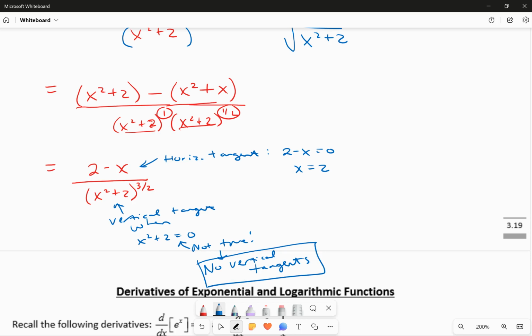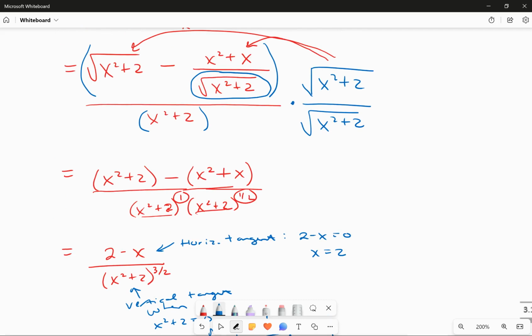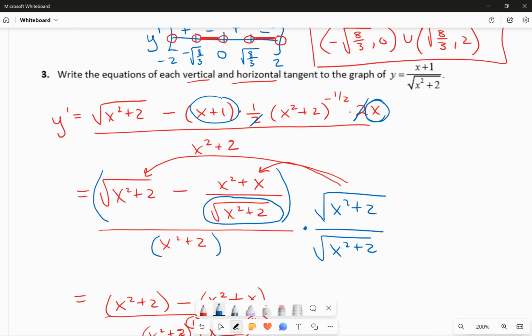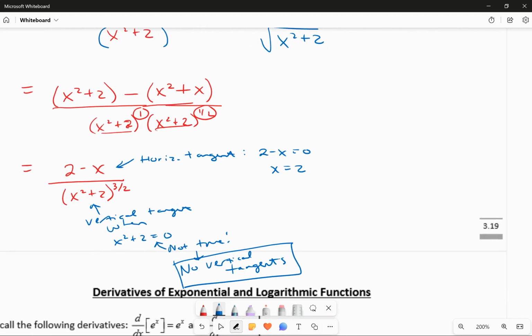Now let's go back to the horizontal tangent. We said there was a horizontal tangent when x equals 2, but the question asks for the equation of the horizontal tangent. Remember, a horizontal line is y equals a number. So what you have to do is now plug this into the original function to find the y value when x is 2.